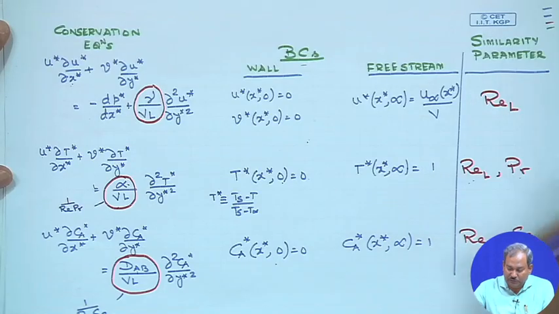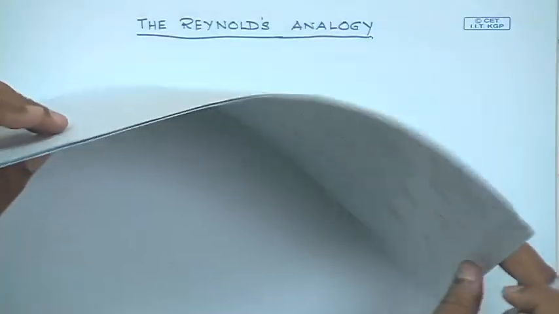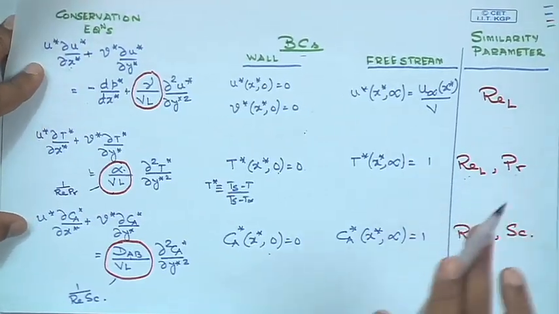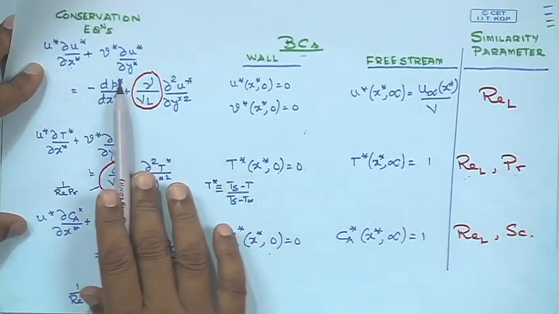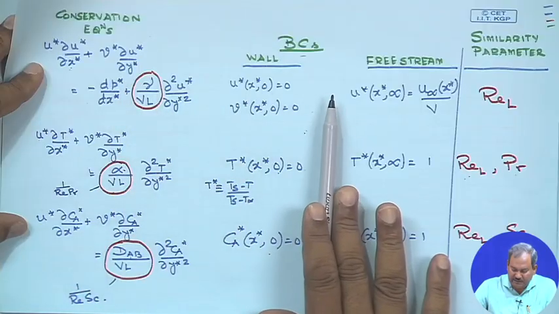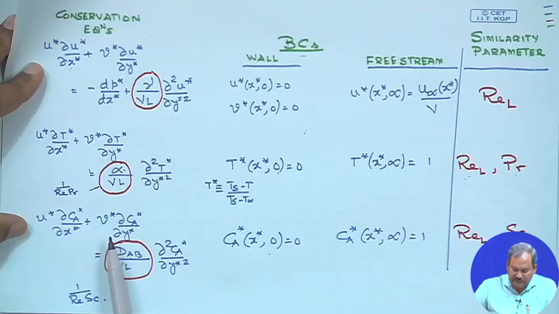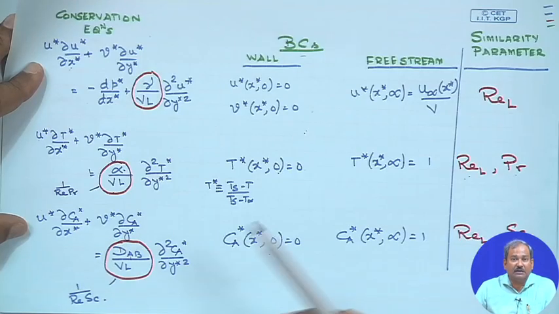So, this would give us the first type of analogy that we are going to get. When the equations are the same and the boundary conditions are the same, then all these three systems would be called dynamically similar.